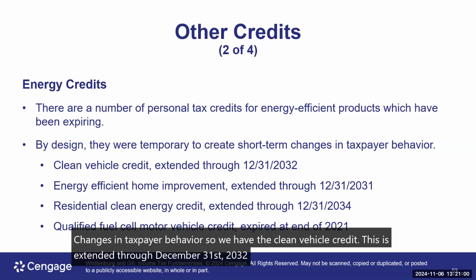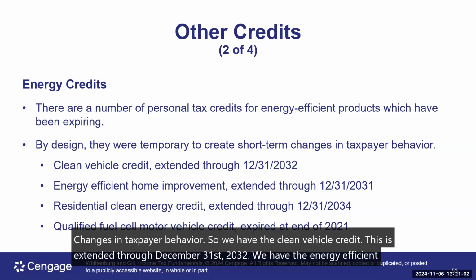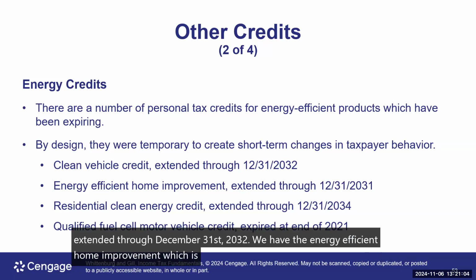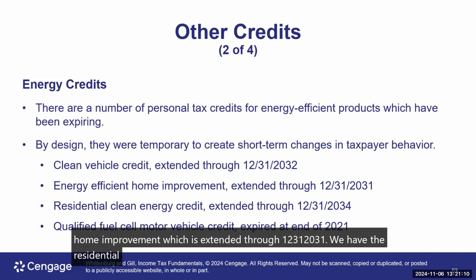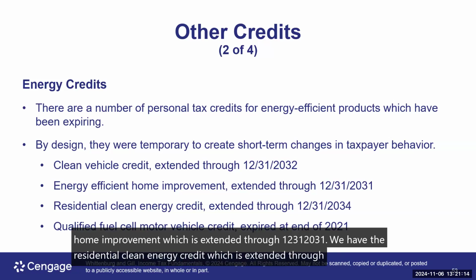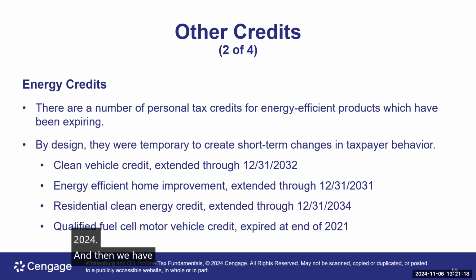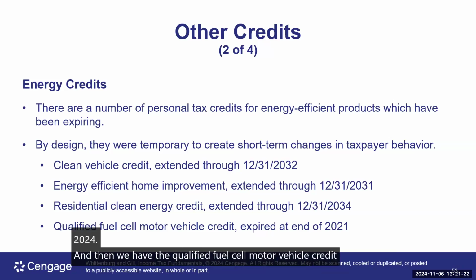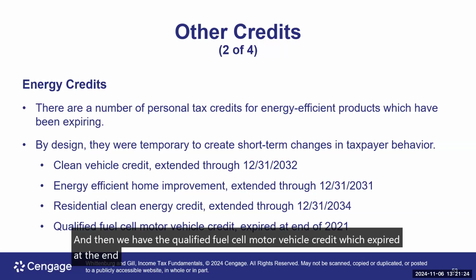We have the energy efficient home improvement credit, which is extended through 12/31/2031. We have the residential clean energy credit, which is extended through December 31st, 2024. And then we have the qualified fuel cell motor vehicle credit, which expired at the end of 2021.